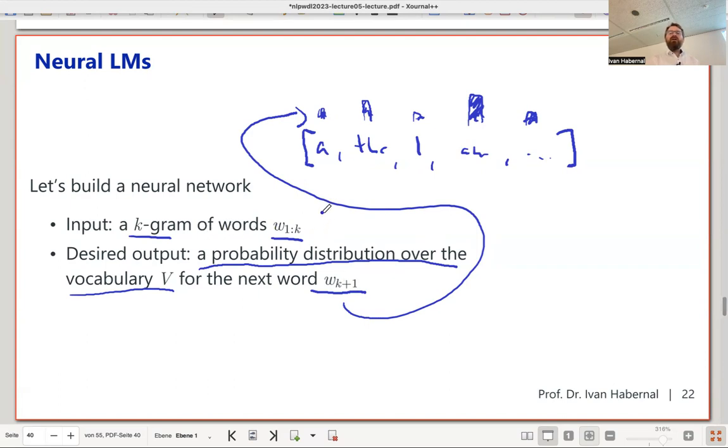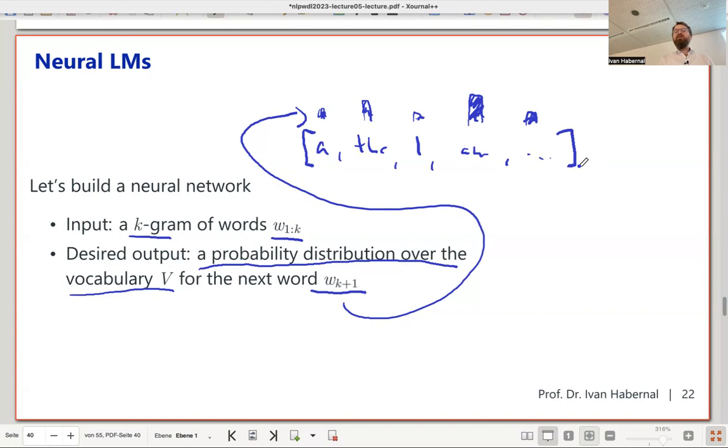So can we build a neural network, because now you know what a neural network is, that predicts a probability distribution over categories? Do we have enough knowledge now to build something which predicts a probability distribution over some categories, classes?